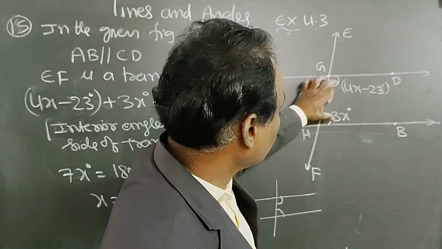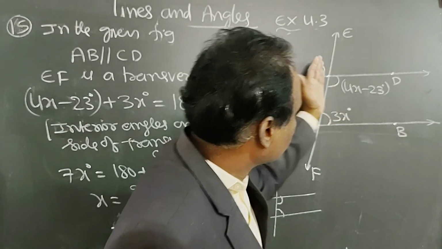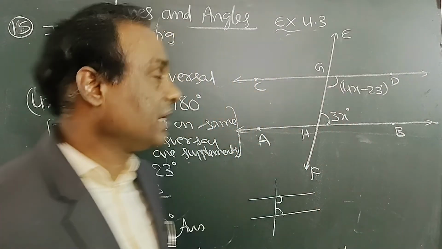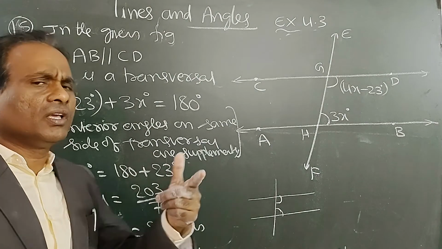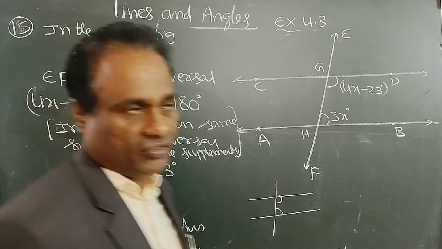The sum of these two angles is 180 because the two lines are parallel and both are interior angles on the same side of the transversal, so they are supplementary. Supplementary means the sum is 180. This concept I gave, so remember this. Write down, students.